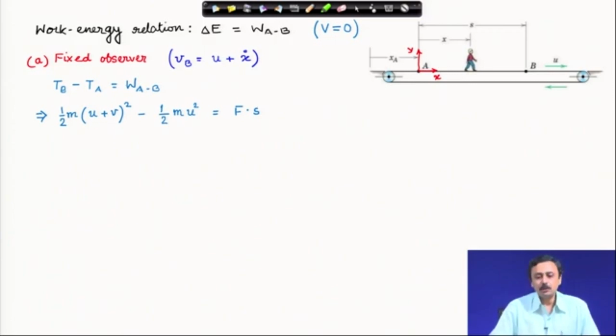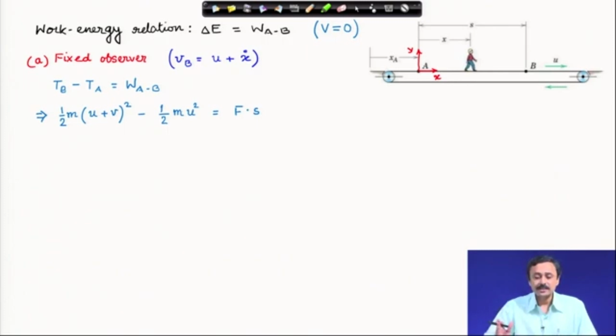and that must be equal to the work done by all the forces acting on the boy as he moves from A to B. Now, as a fixed observer, what I will see, this S is the distance. As I mentioned, A and B are points fixed in the ground fixed frame.